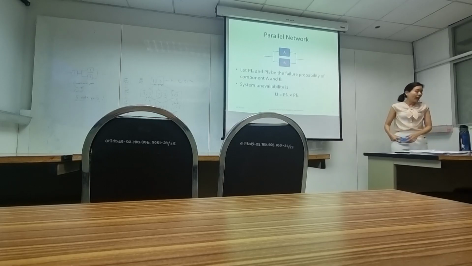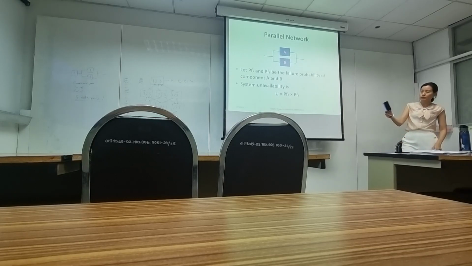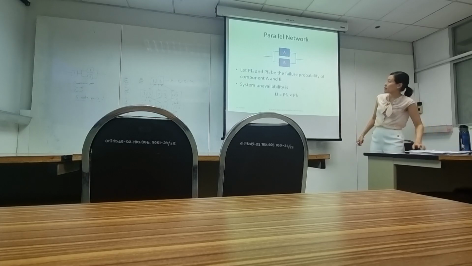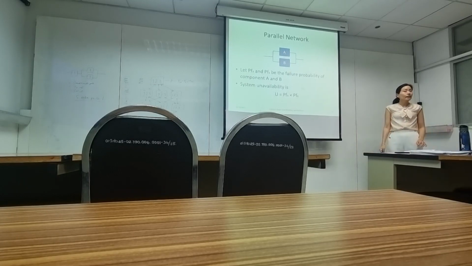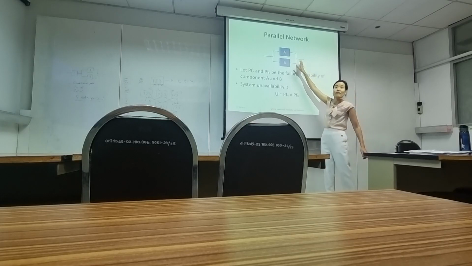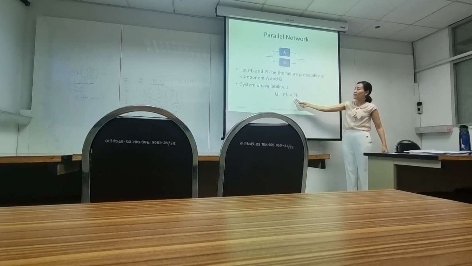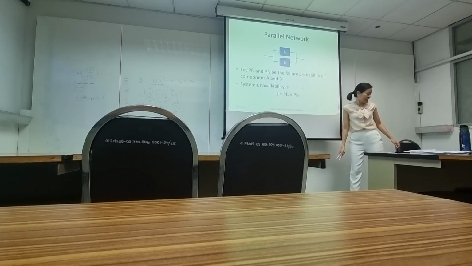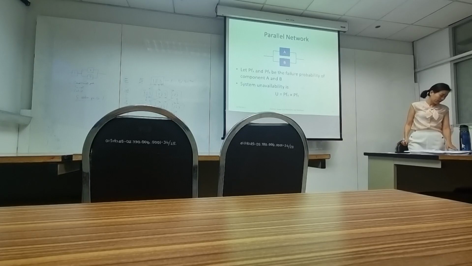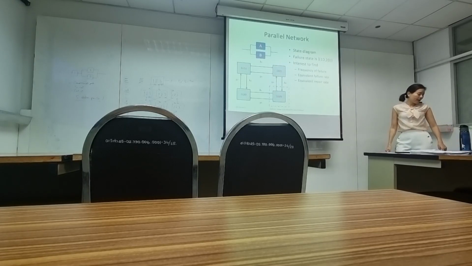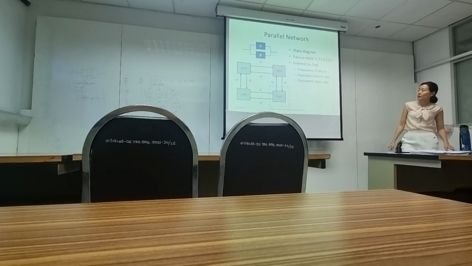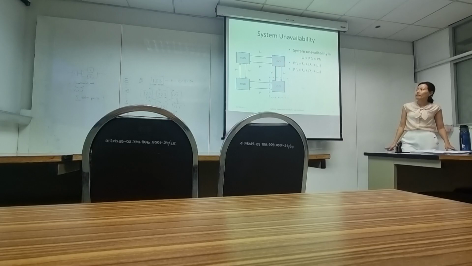Now we look at the parallel network. So previously we had series network. Now we have parallel network. For the parallel network, we look at the probability of failure because it would fail only when both fail. So you calculate the probability of failure as the multiplication of the failure probabilities of both. In a parallel network, you can also calculate the frequency of failure, frequency of success, equivalent failure rate, and equivalent repair rate.